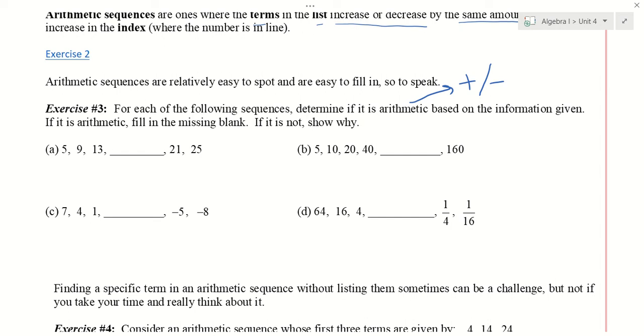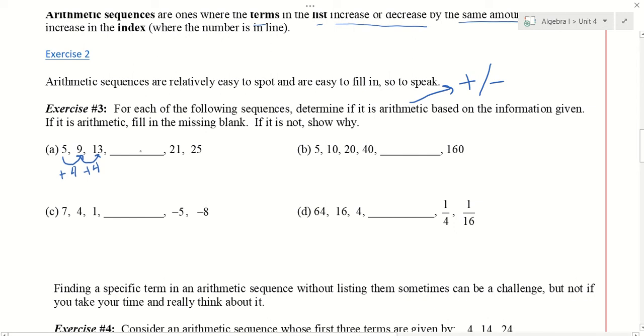So letter A, what I always do is I start off and I say, how in the world do you get from 5 to 9, 9 to 13? Is it the same? Is it consecutive? So how do I get from 5 to 9? Plus 4. How about 9 to 13? Oh, that would work. Plus 4. So that means every time I go from one number to the next, I'm adding 4.